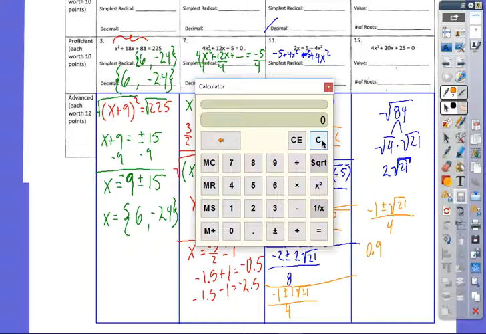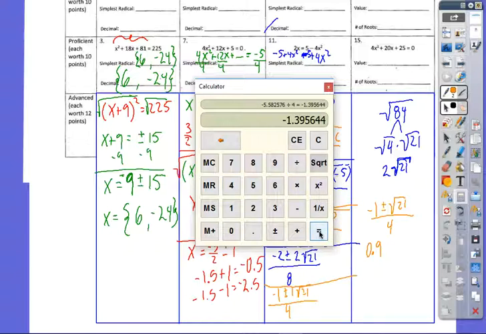Now for the negative answer. So we again will take the square root, just so Grace makes that face again. The squirt of 21. And this time it is going to be negative because we have plus or minus. And we're going to add to that negative 1. And then we're going to divide by 4.